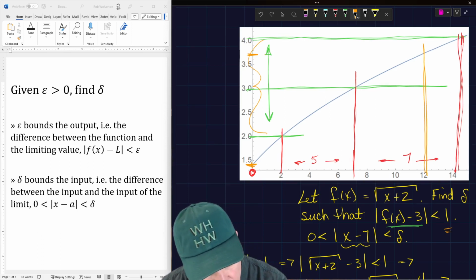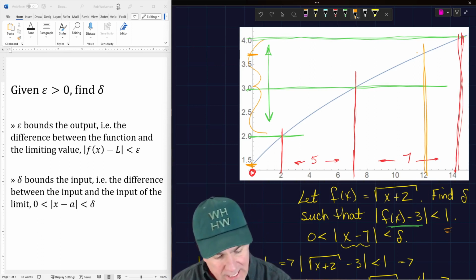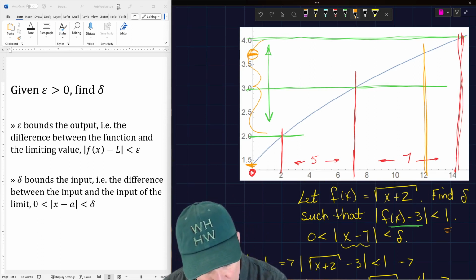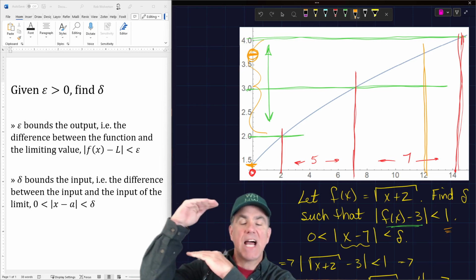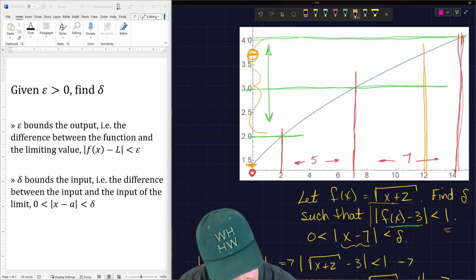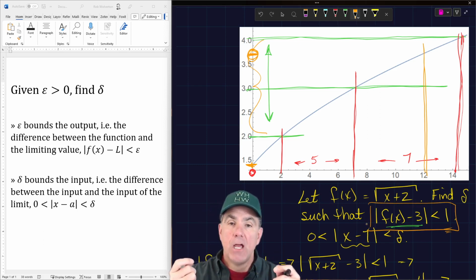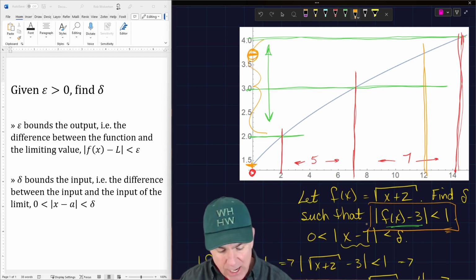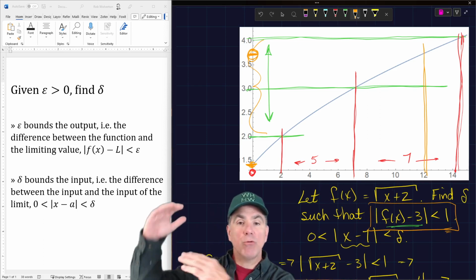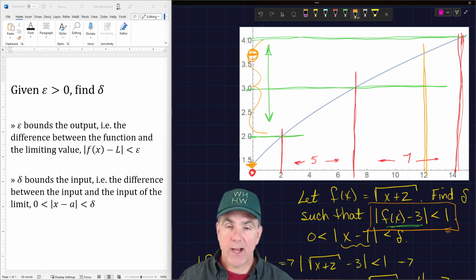The output value, when I put in a 12, I'm going to have square root of 14. But the point is, this output value here is still inside of my requirement. It still is inside of this inequality right here, which is what I have to have. So I can't pick the 7, or else I get an output value which is outside of my restricted range. So I have to pick the smaller delta value.